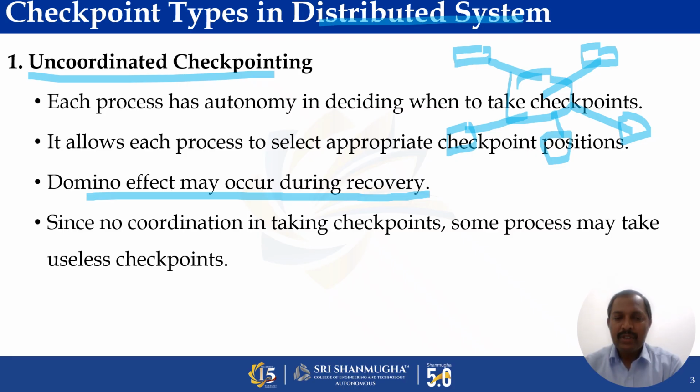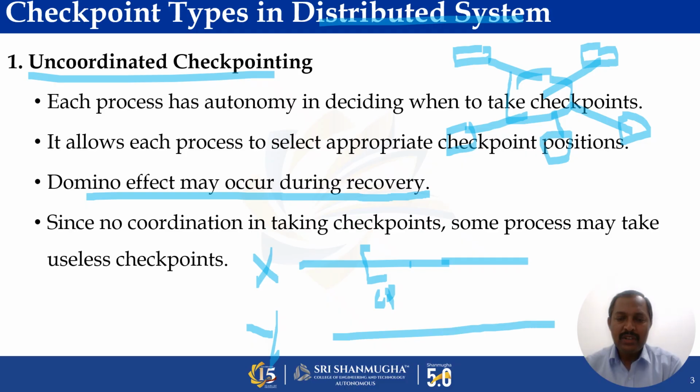The reason for the domino effect, for example, there is a process X and a process Y. X takes a checkpoint, then after taking the checkpoint, it will send a message to process Y. After receiving that message, assume that Y takes a checkpoint. Then after some time, a failure occurs in process X, and it may initiate the recovery process.